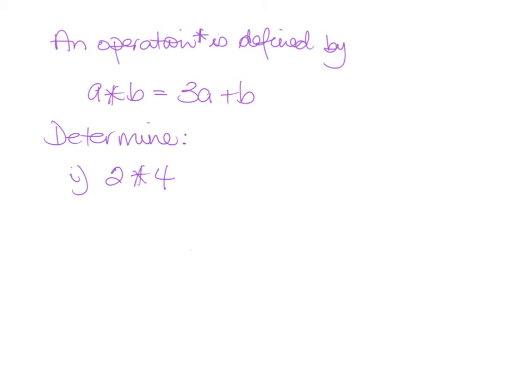Okay, so our first example is an operation star is defined by A star B is equal to 3A plus B. Determine 2 star 4. So we know they have given us that A star B is 3A plus B. If we see how it lines up, we would notice that the A lines up with the 2, so A is equal to 2, and B lines up with the 4.